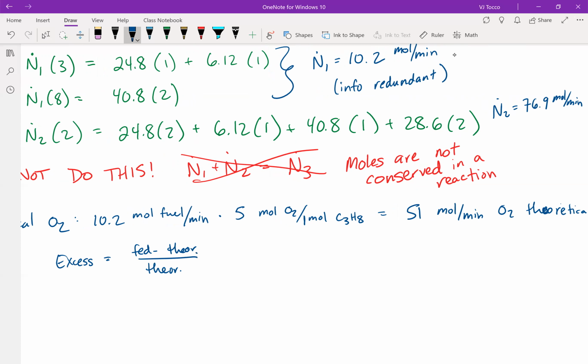And this can also be stoichiometric. So theoretical and stoichiometric can mean the same thing. So how much O2 did I actually feed? I fed 76.9 minus 51, all divided by 51. And doing that calculation gives me 50.8% excess O2.